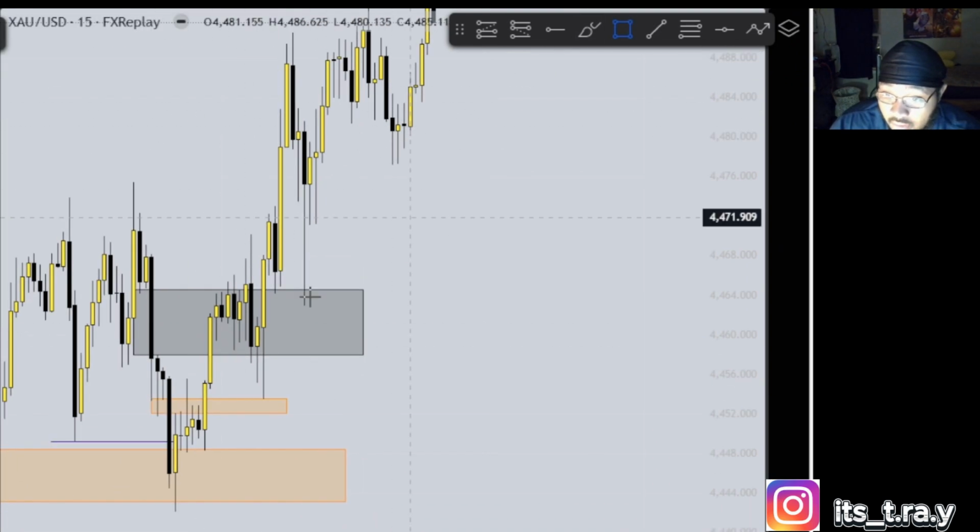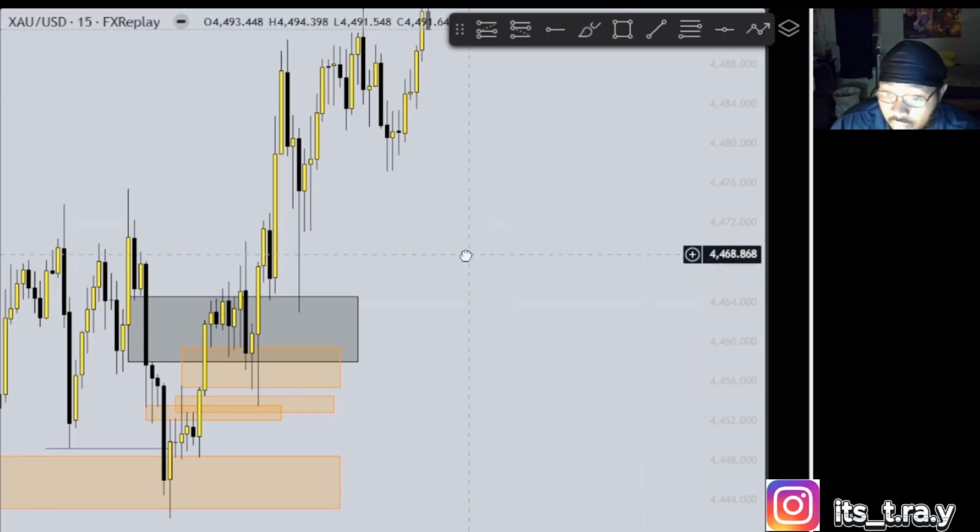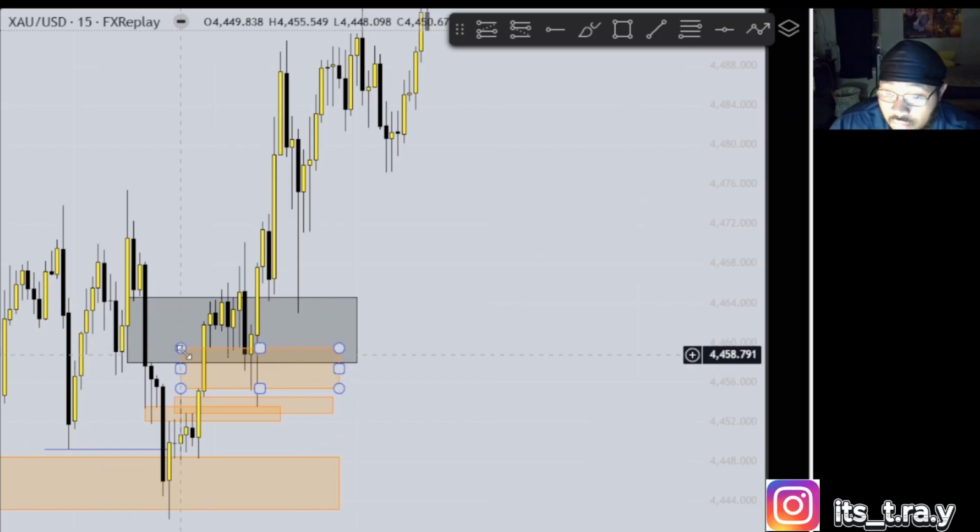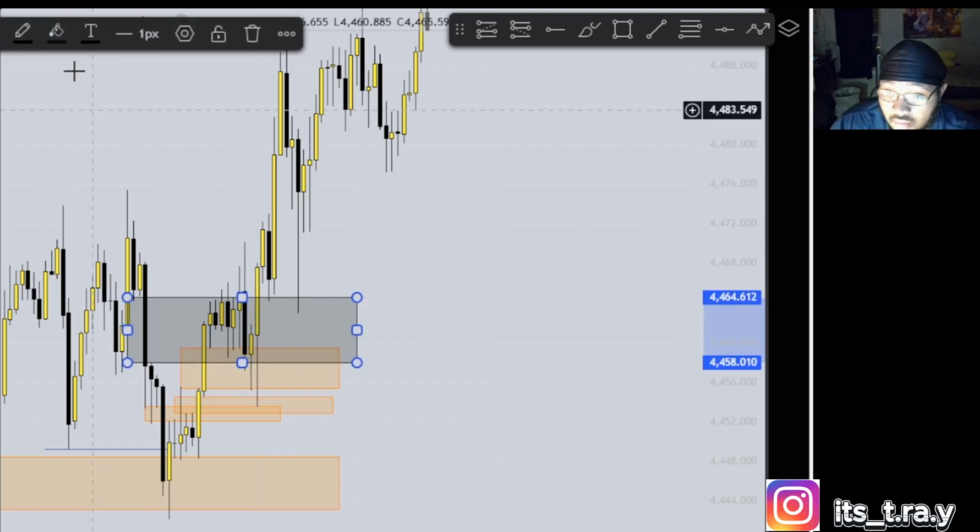We then have a bullish fair value gap. We now also have a bullish fair value gap. We'll see what price wants to do with this. And then it makes this orange.